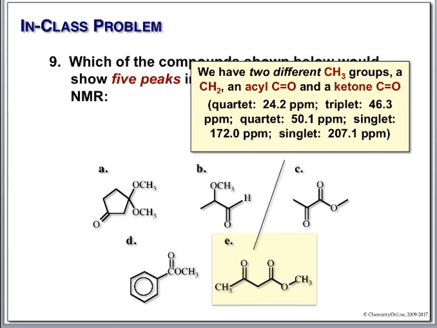We have a ketone carbonyl, 207, an acyl carbonyl, 172, and then we have our methylene here in the middle. That's our triplet at about 46, and here's our quartet at about 50. Any questions?